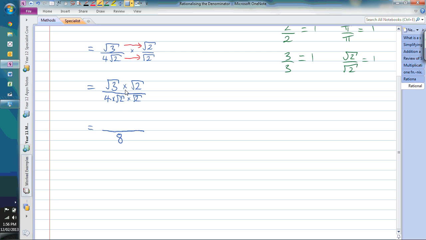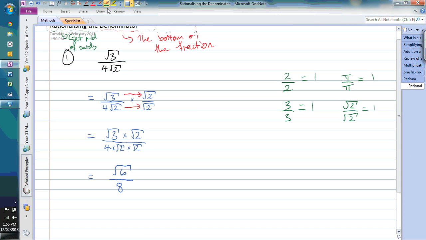And on the top, I'm going to have square root of 3 times square root of 2, which is the square root of 6. So what I have here is another way of writing the first problem. They're the same number, and you could check that by sticking them in a calculator.